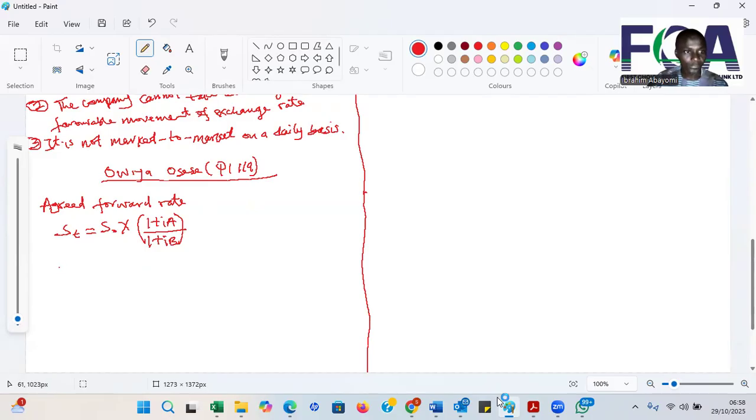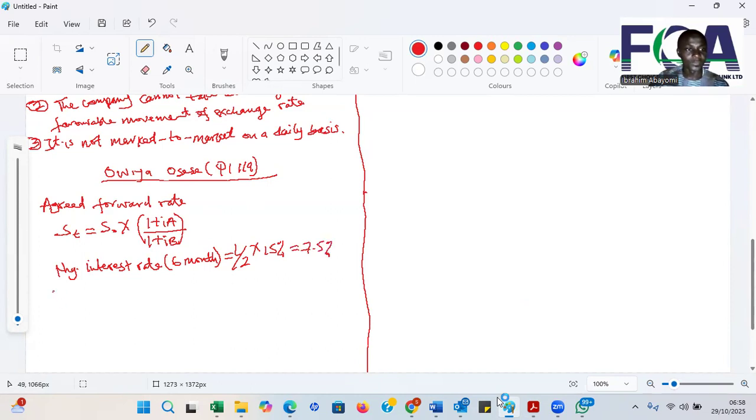So the Nigeria interest rate for 6 months will be equal to 1/2 times 15%, and that's 7.5%.